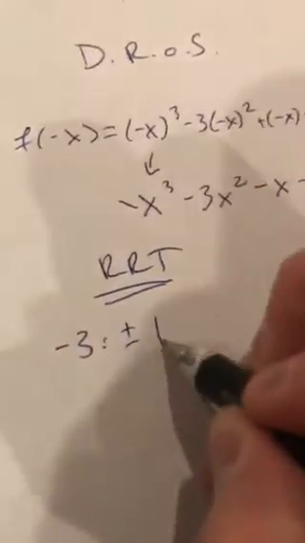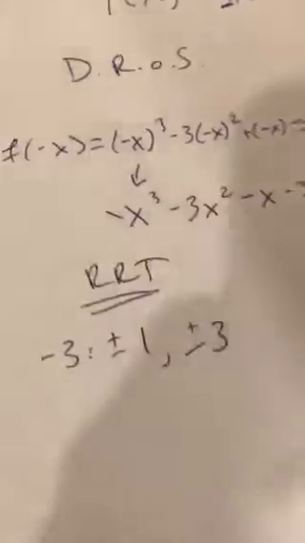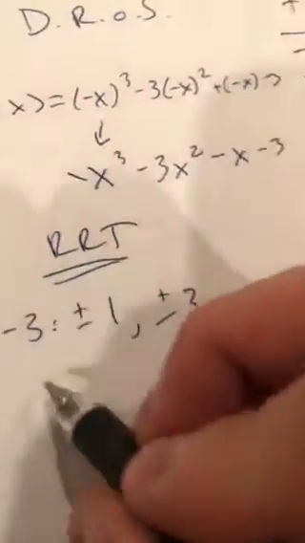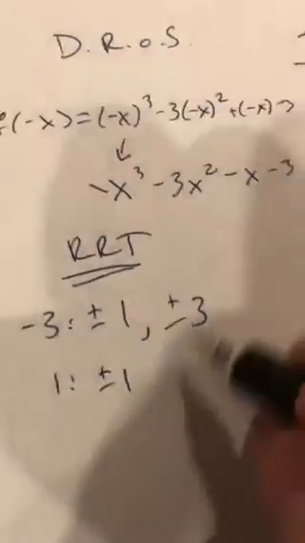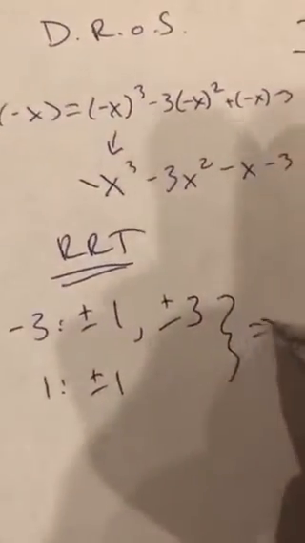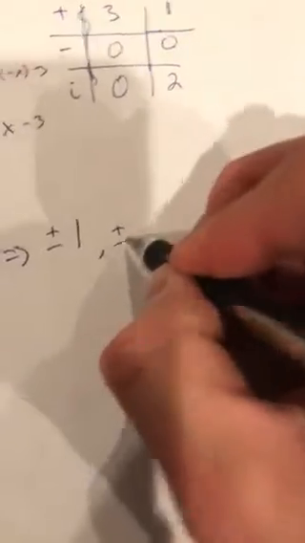So it could be plus or minus 1, or plus or minus 3. And the leading coefficient is pretty straightforward, just 1. That means our possible rational roots could be either positive or negative 1 over 1, which is 1, or positive or negative 3 over 1, which is positive or negative 3.